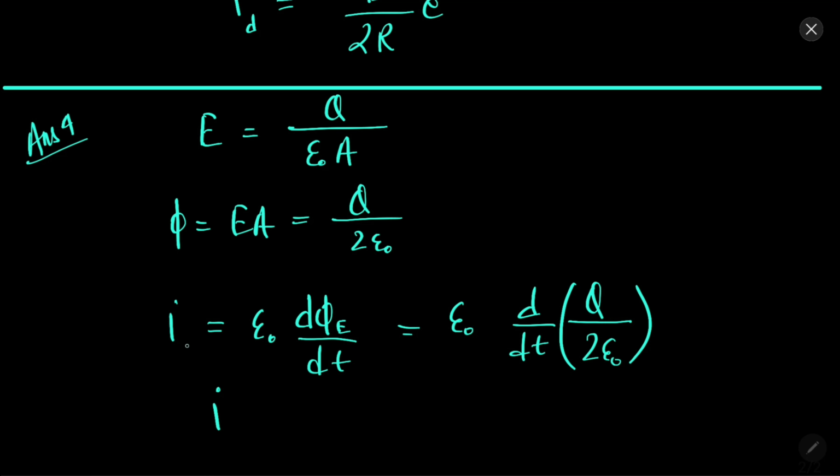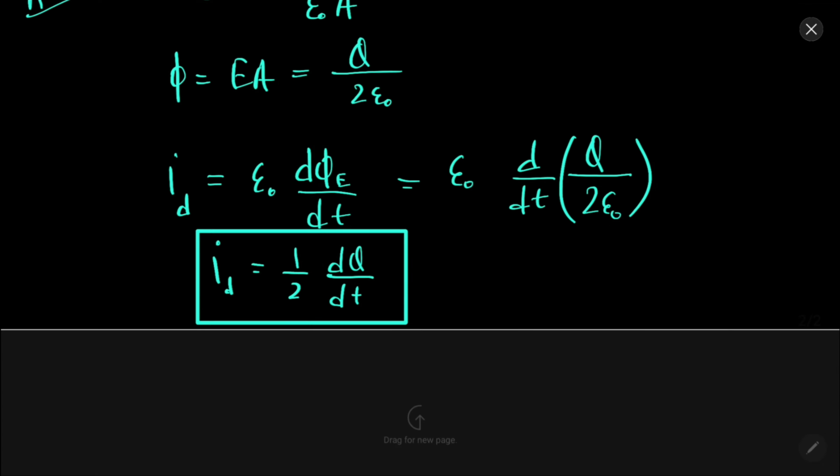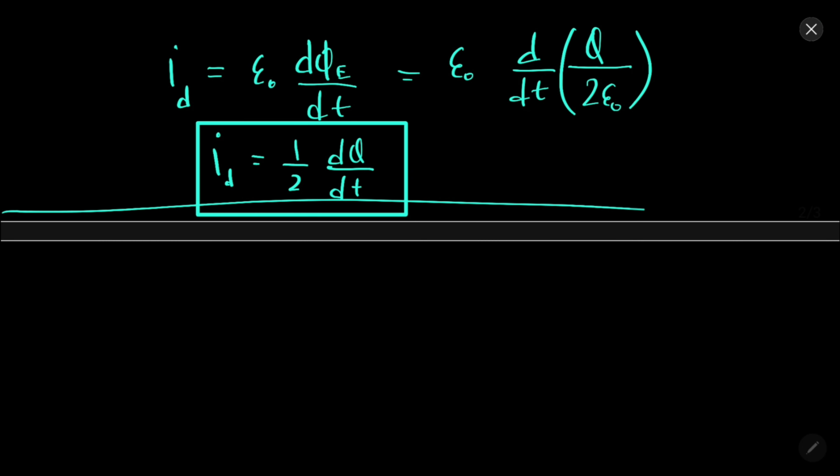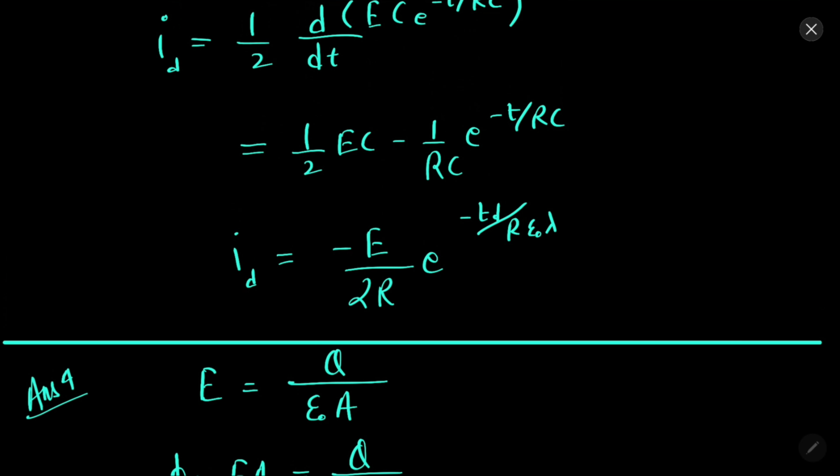So Id will be half dQ over dt. Also, in simple terms this can be put like this only.